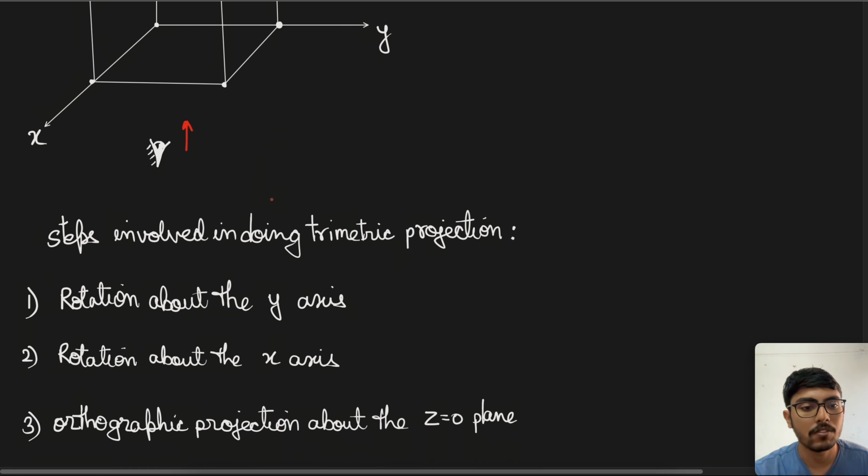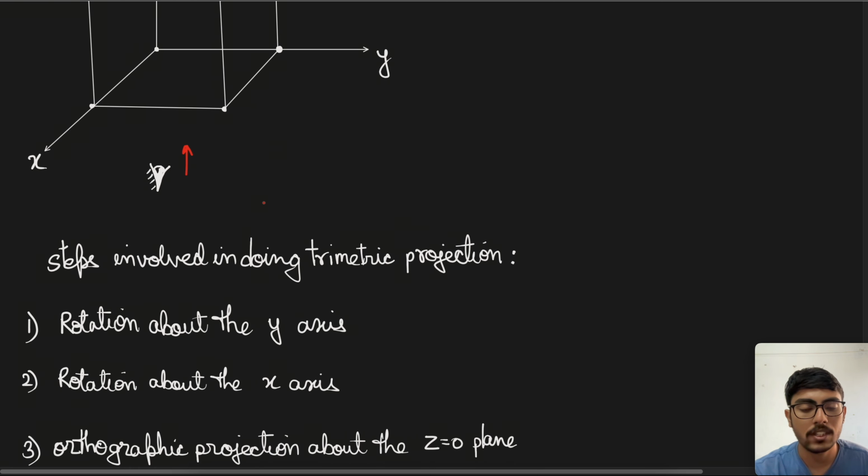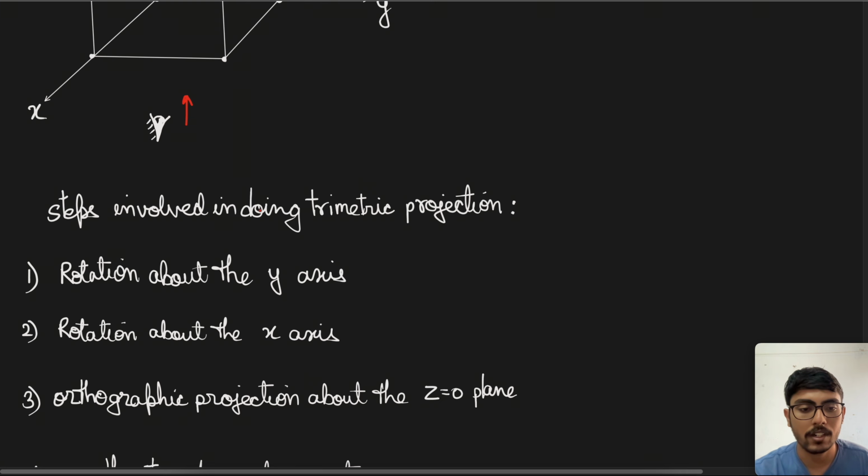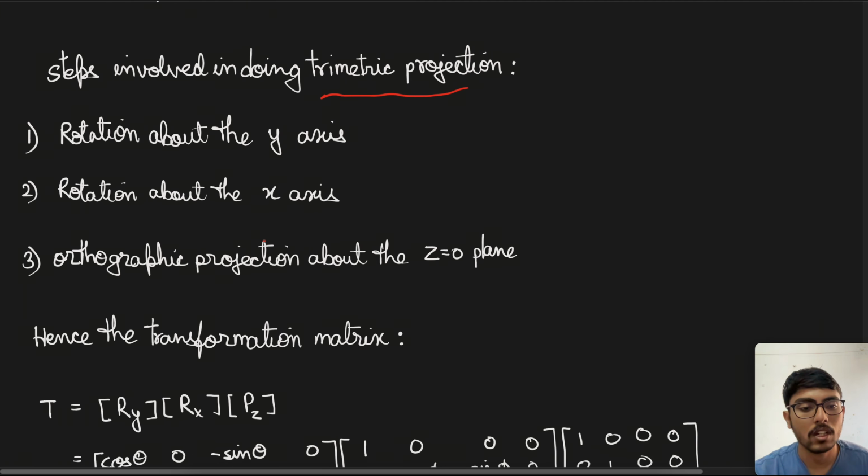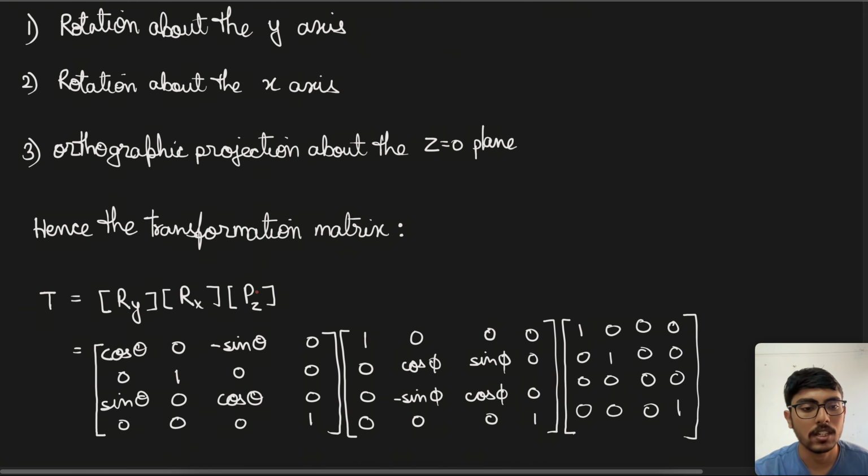First we will rotate about the y axis with the angle given in the question. Then we will perform the rotation about the x axis, and finally we will perform the orthographic projection onto the z equal to 0 plane. These are the steps we need to follow in order to perform a trimetric projection. So the transformation matrix will be like this. First it's y, so you see the second column and the second row are kept as they are, right?